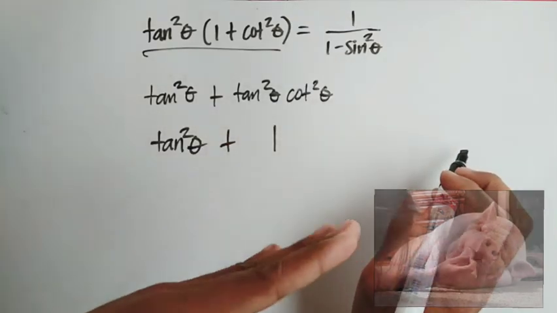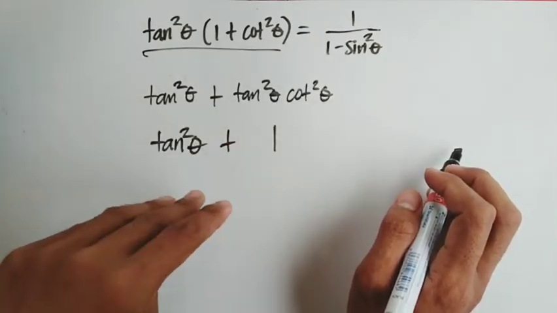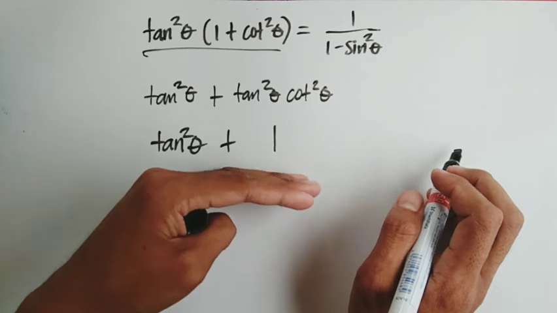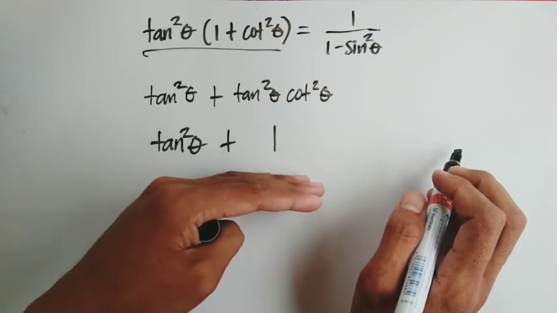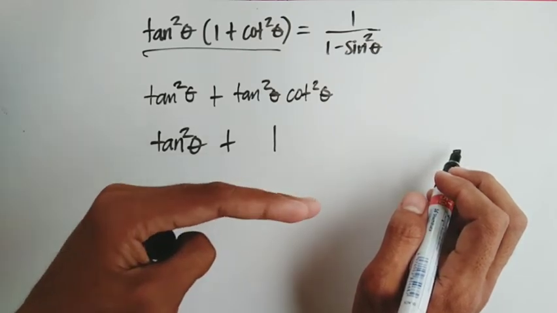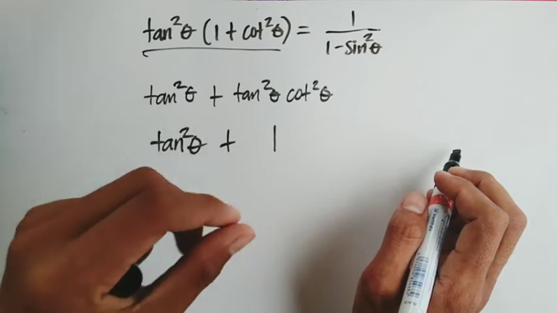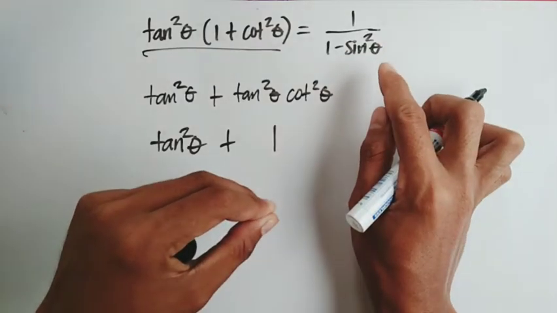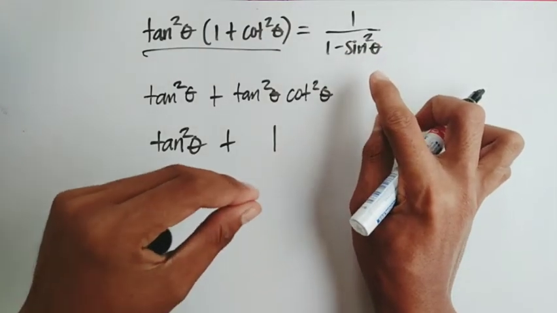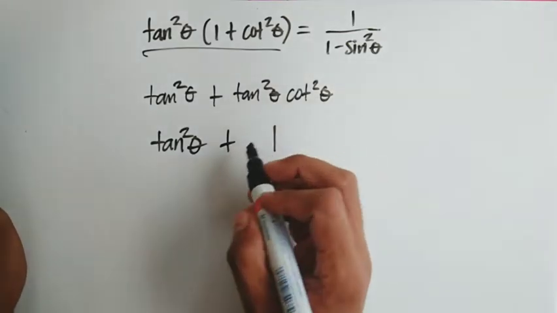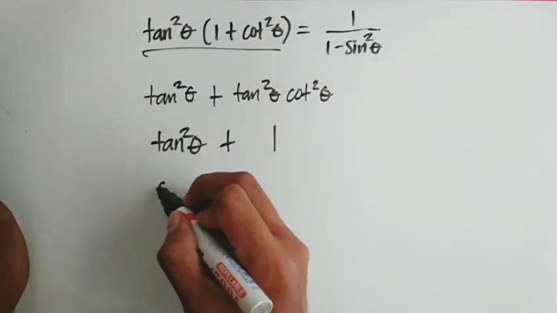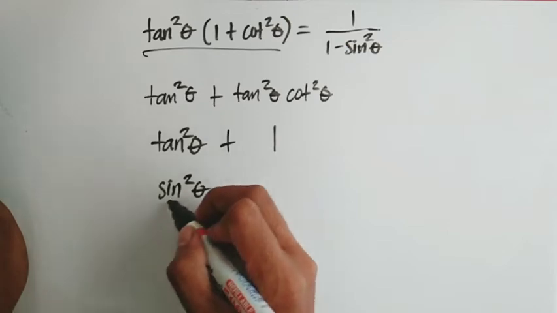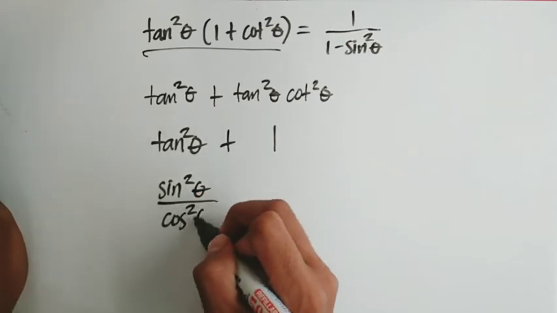Next, tangent squared theta plus 1 is alam natin secant squared theta. But secant squared theta, pag nagtigil tayo doon, hindi siya equal dito. So hindi natin yon gagamitin. Instead, ito ang gagawin natin. Tangent squared theta is equal to sine squared theta over cosine squared theta.